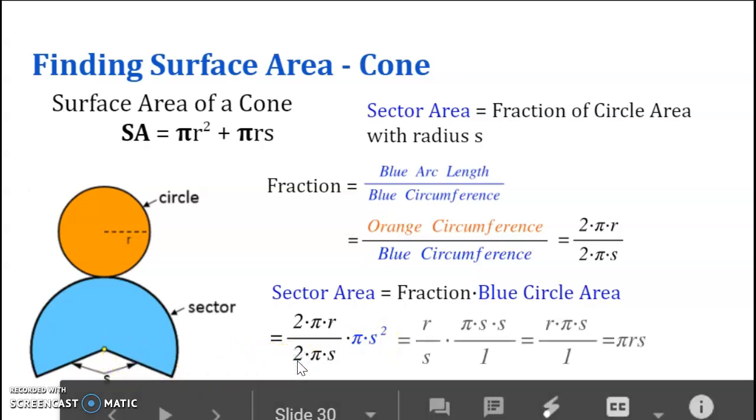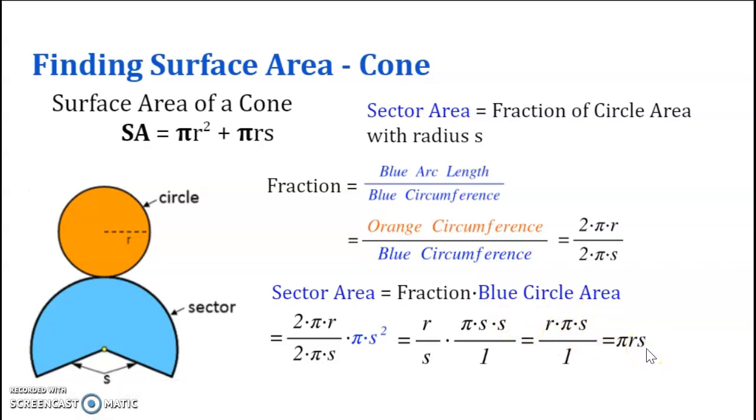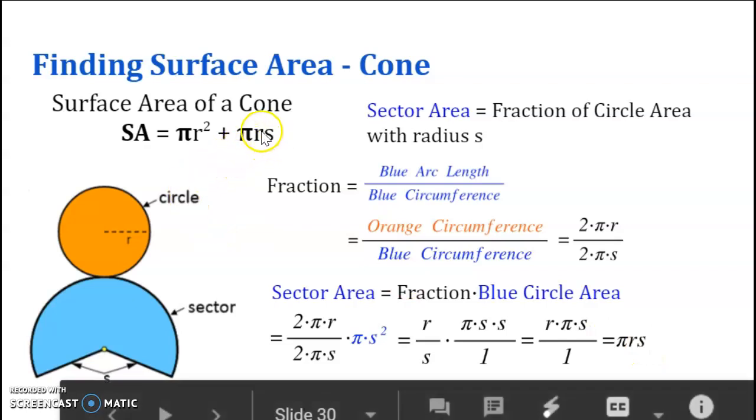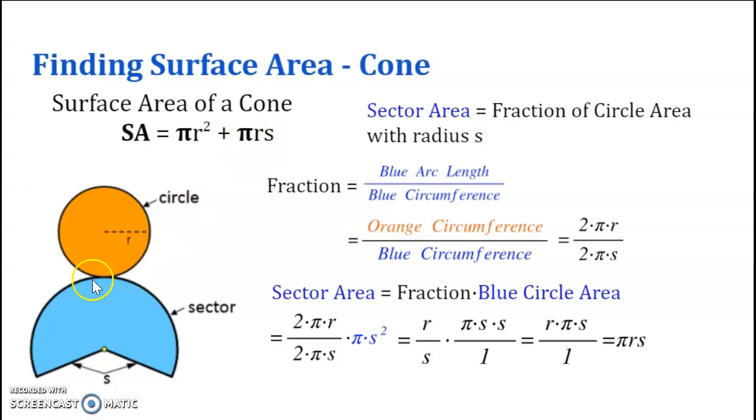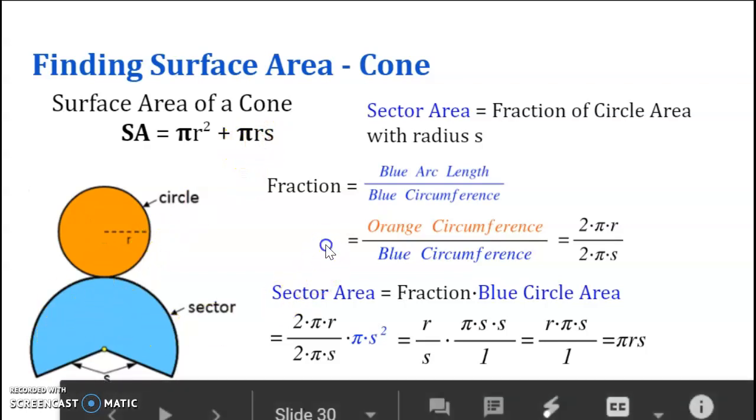This simplifies to r over s when you cancel out the 2 pi's at the top and bottom, and pi s squared can be written as pi times s times s, so one s cancels out, and you're left with pi r s. And that's how we got the pi r s. This is the orange circle, and pi r s is this blue shaded area.